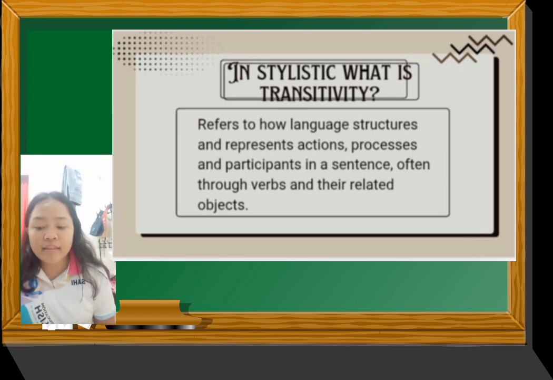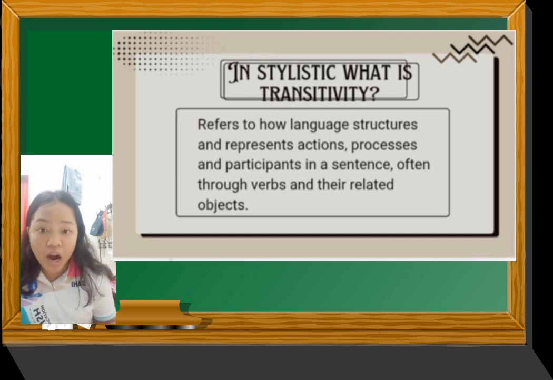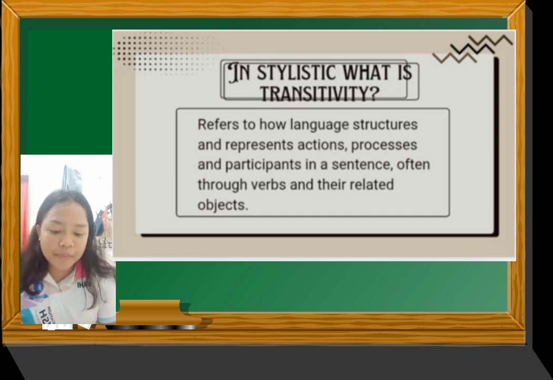This sentence reveals the character's internal state, their anxieties or doubts. By using a mental verb like wondered or thinking, transitivity analysis can help us understand how these mental processes are expressed linguistically and contribute to the overall tone and meaning of the passage.